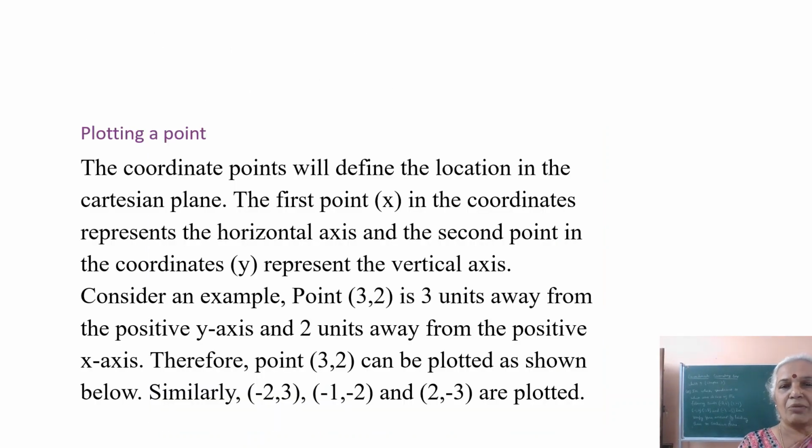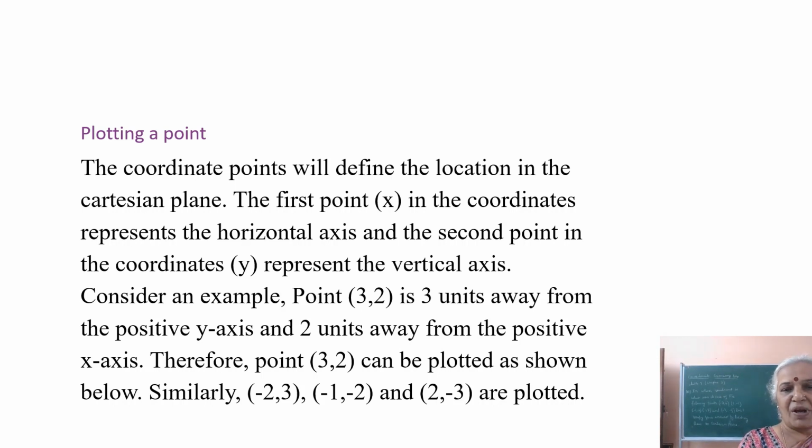The coordinate point will define the location in the Cartesian plane. The first number x in the coordinate represents the horizontal axis, and the second number y represents the vertical axis. Consider the example 3, 2. That means 3 units away from the y axis and 2 units away from the x axis.